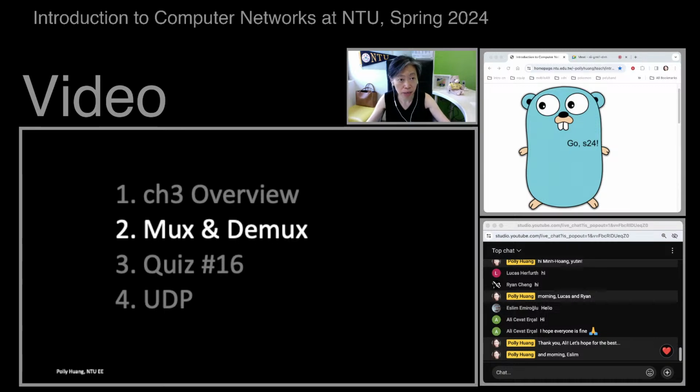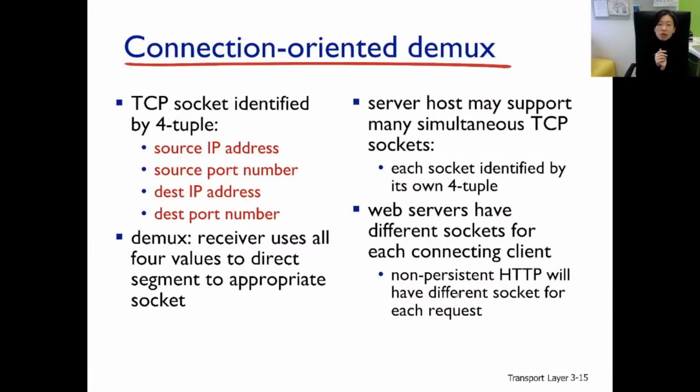And next, the connection-oriented demultiplexer. The slightly more complicated one is the connection-oriented DMUX. That is also TCP's demultiplexer. So whether a segment should go to a particular socket depends on all four pieces of information. The receiver uses all four values to direct the segment to the socket.